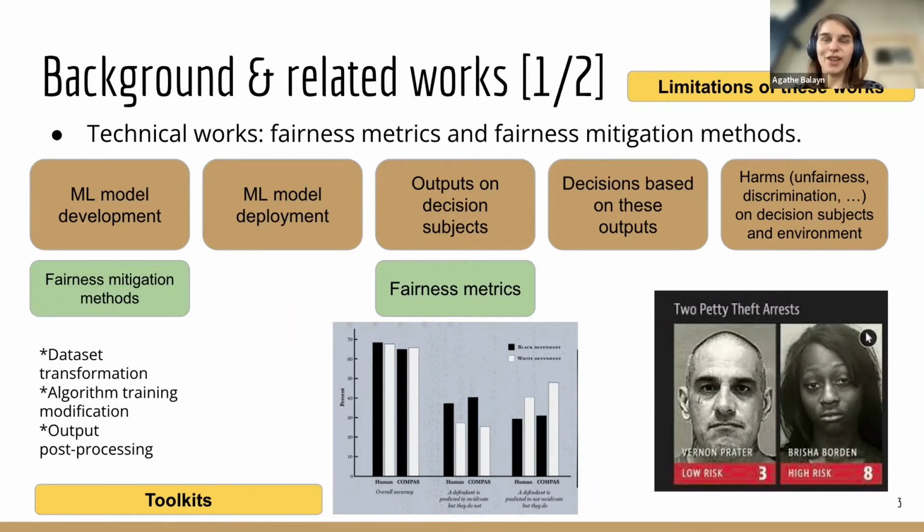So the fairness measure of the entire system might not really correspond to what we actually are able to measure, or the fact that the metrics are only applied to the decision subjects, so to the inputs and outputs of the machine learning models, but this doesn't allow us to measure the potential impact that the decisions taken have on the rest of the environment.